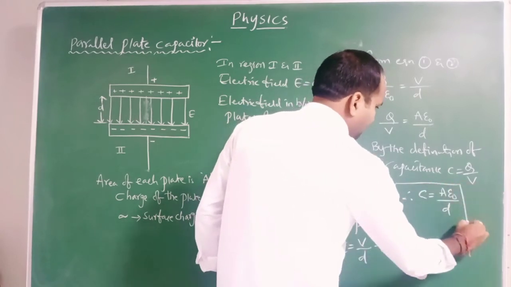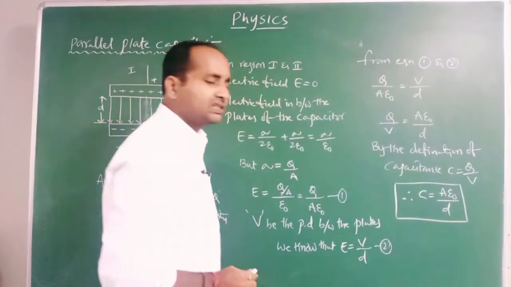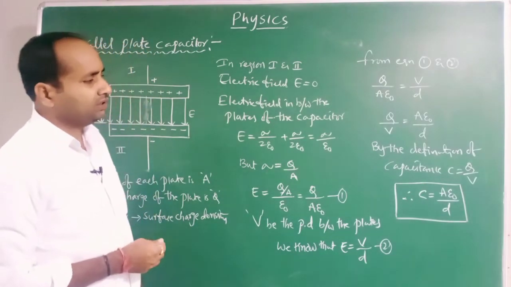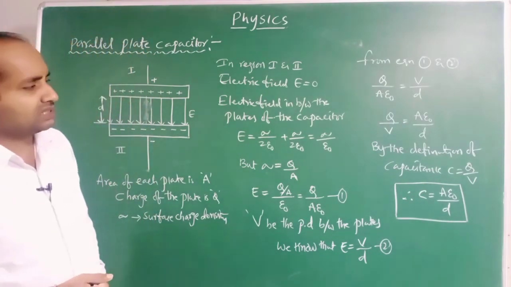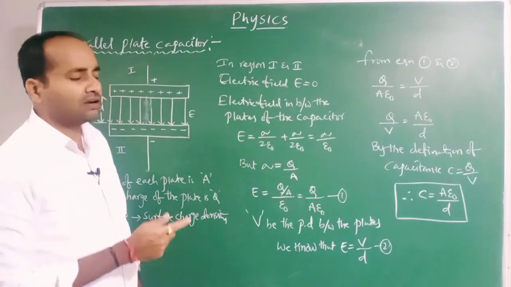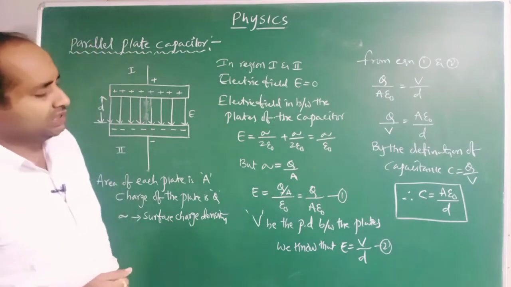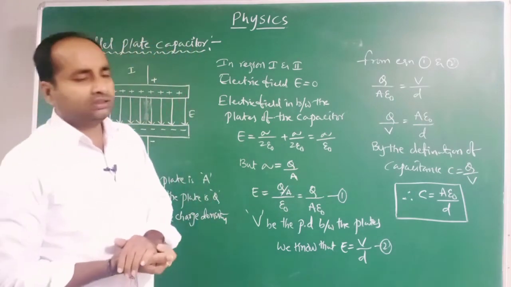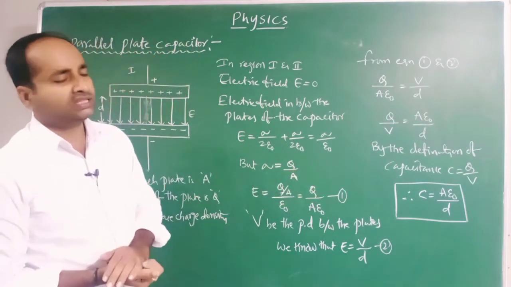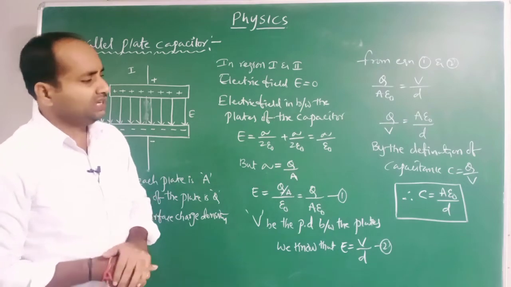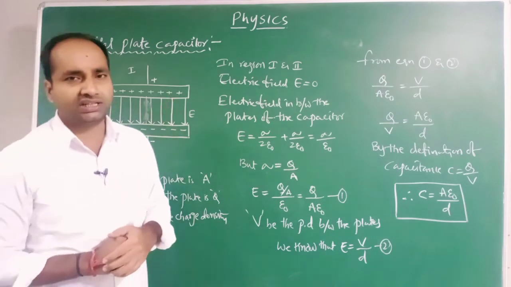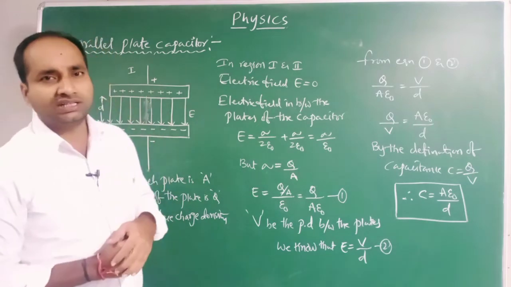This is the expression for the capacitance of a parallel plate capacitor: C is equal to A epsilon naught by D. Observing this equation, C is the capacitance. Here A means area. When the area of the plates changes, capacitance changes.